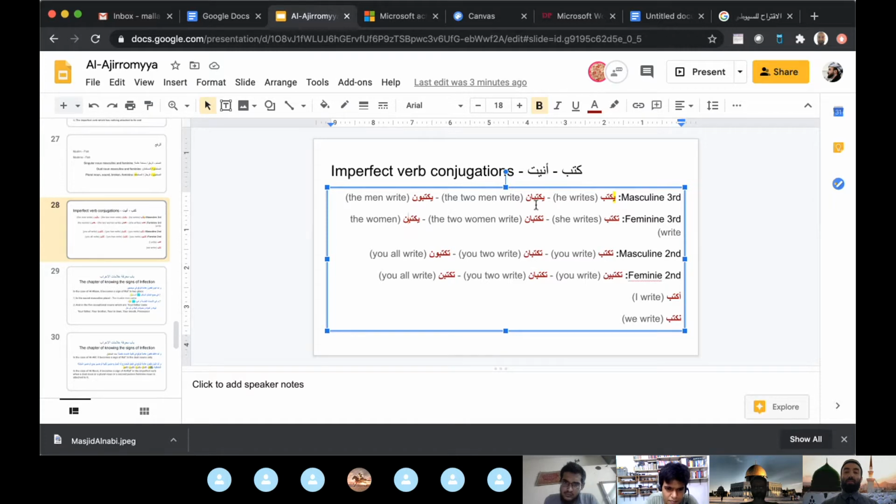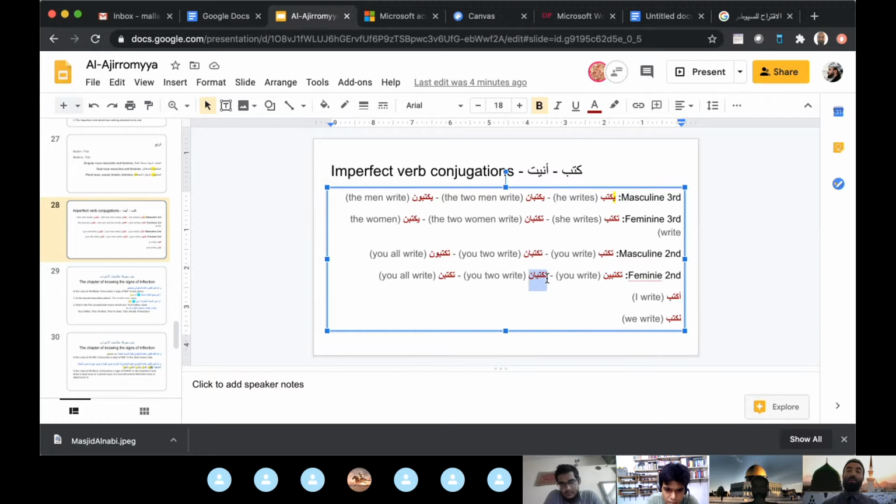Taktubani is the same as these two. Taktubuna is the same as the first one, yaktubuna, right? I'm not going to repeat it, I'll leave it up to you to think about. Taktubina, this one is a bit tricky. Ta is a sign of mudara'a, a sign of imperfectness. The ya here after the ba is a pronoun, and the noon is a sign of inflection.